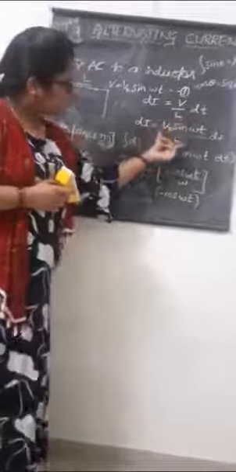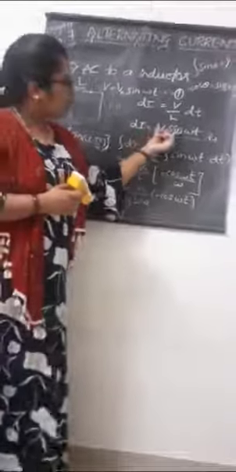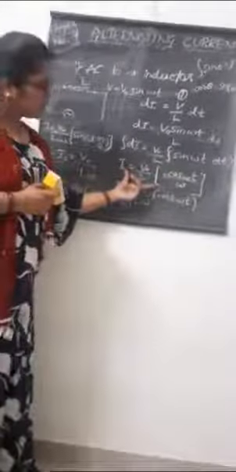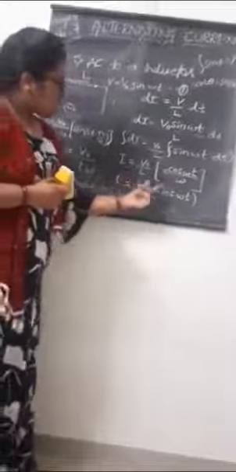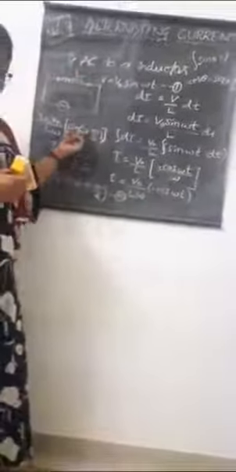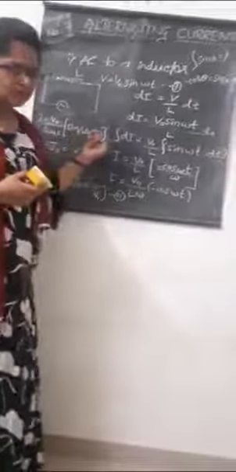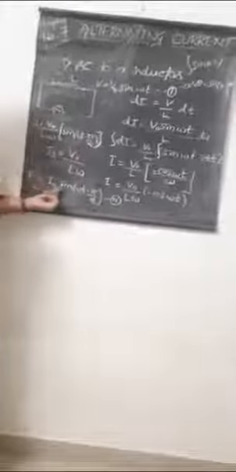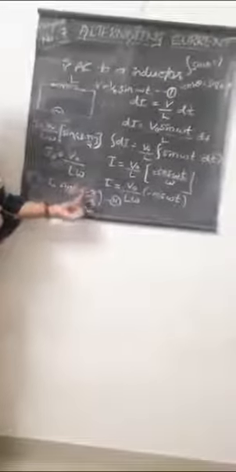Just adjusting the terms, substituting the value of V from equation 1 and integrating this equation, after integration you get minus cos omega t, and replacing it with sin omega t minus pi by 2 by the trigonometric relations, I get I is equal to I0 sin omega t minus pi by 2. Now the important thing occurs.